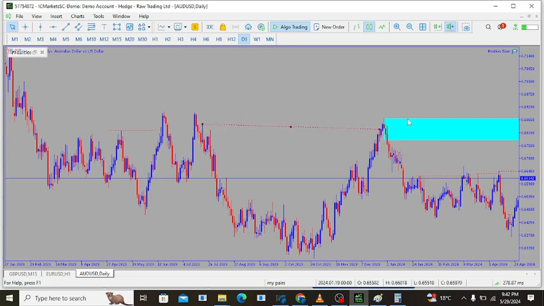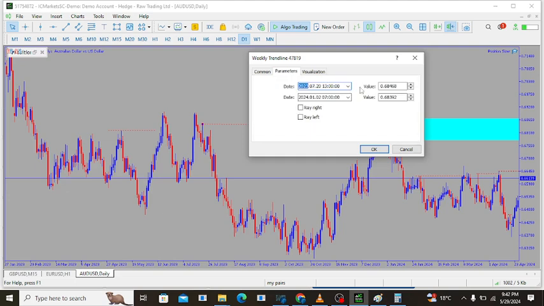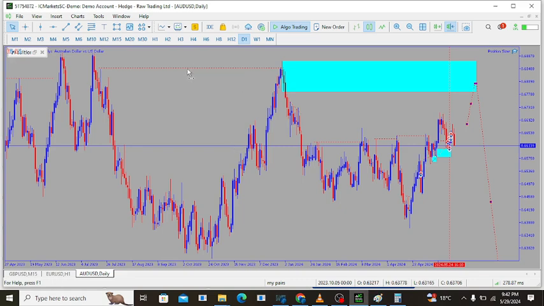I think it will continue pushing until this point before going to the downside.